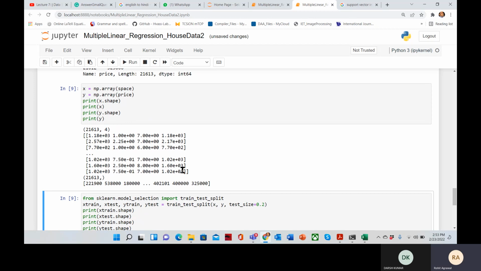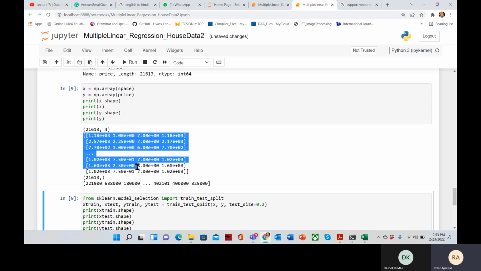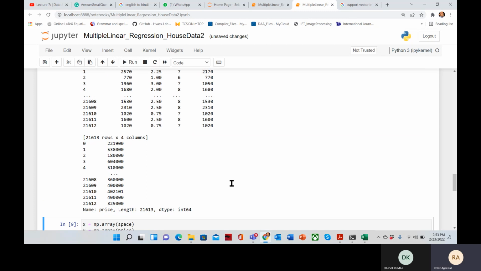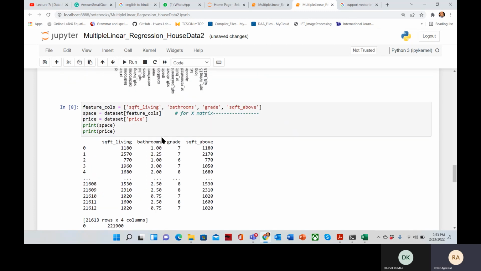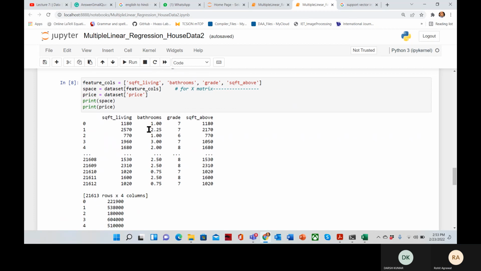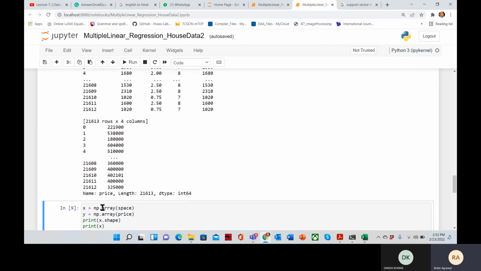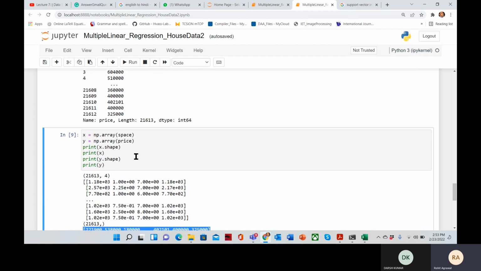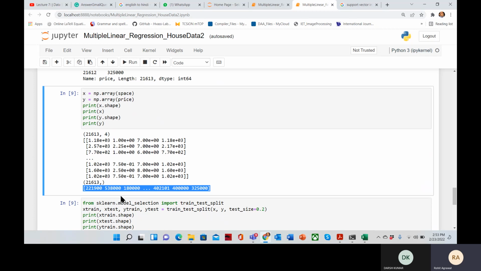This is our matrix x, and this is our y. Why did we use np.array? Because initially our data is not in the form of a matrix, because it is a pandas data frame. So we used numpy.array on this data set, and now we have our data in the form of a matrix. This one is clear? Yes, sir.